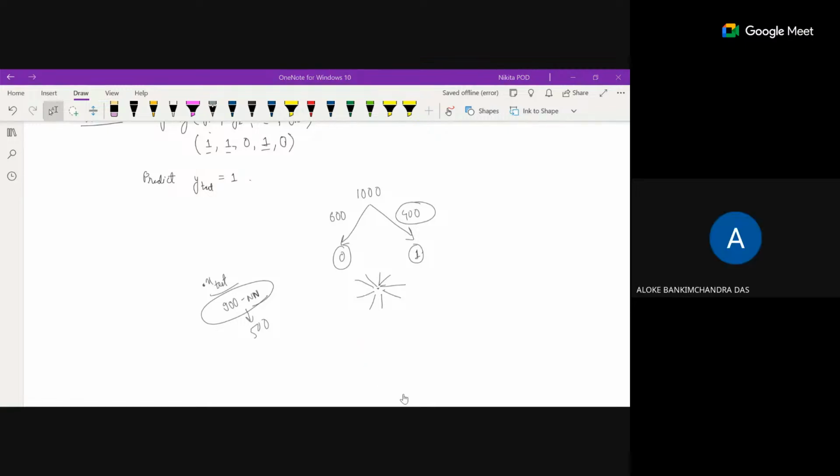In this question, if k is 200, what will be the answer? If k is 200, there's nothing that can be said for sure. If k is 500, then again it can be anything.